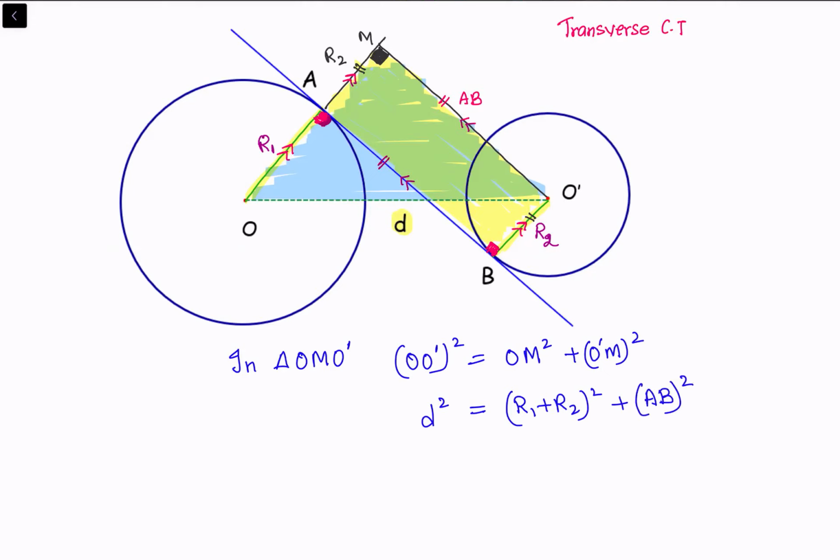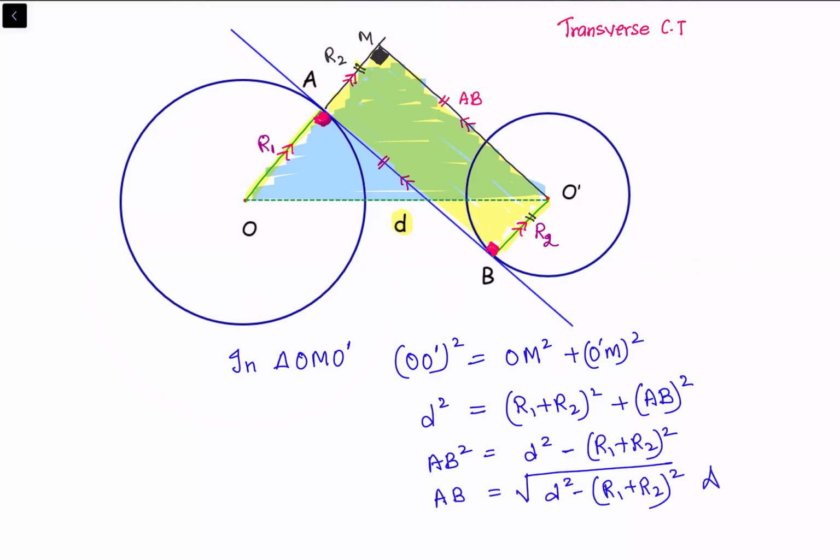Solving it, we get AB square is d square minus R1 plus R2 whole square, or AB is the square root of d square minus R1 plus R2 whole square. And this is what we had to find, and this is our answer.